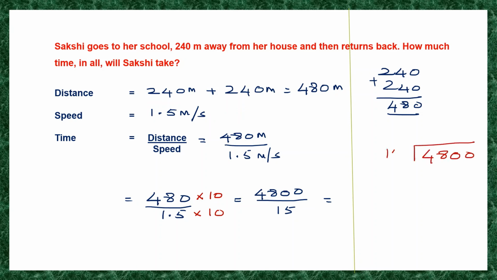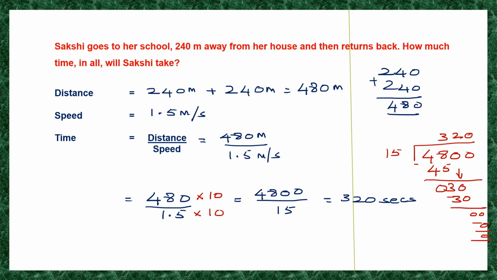So let's do that. 48, 15 threes are 45 minus 3, 0, I bring down the 0, 30, 15 twos are 30 minus, I have one more 0, so I put it on top and my answer is 320. So that is 320 seconds. So she will take 320 seconds.